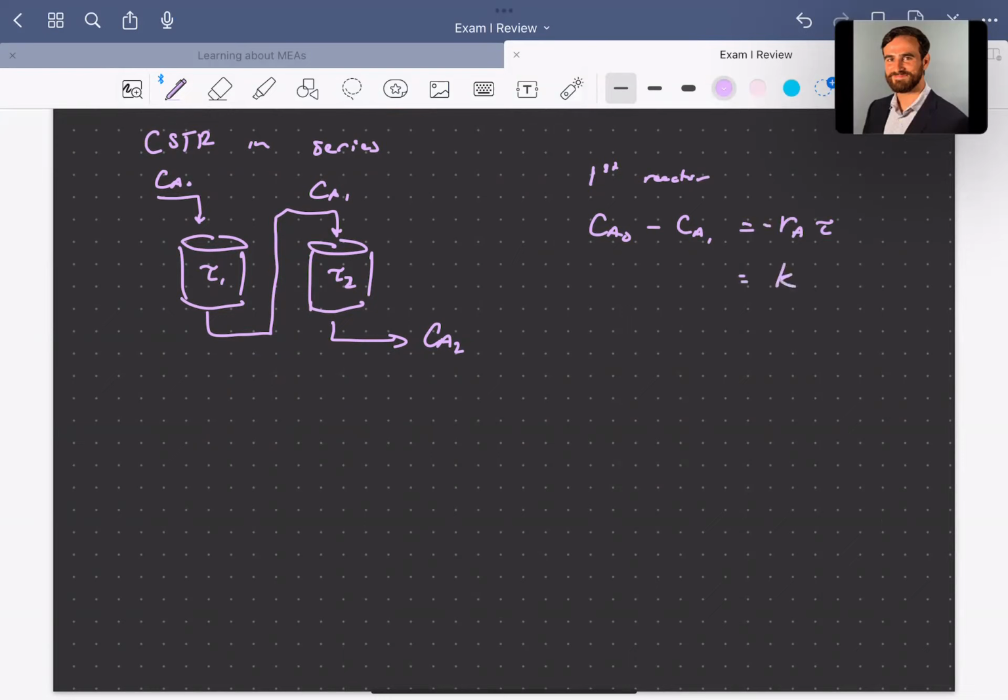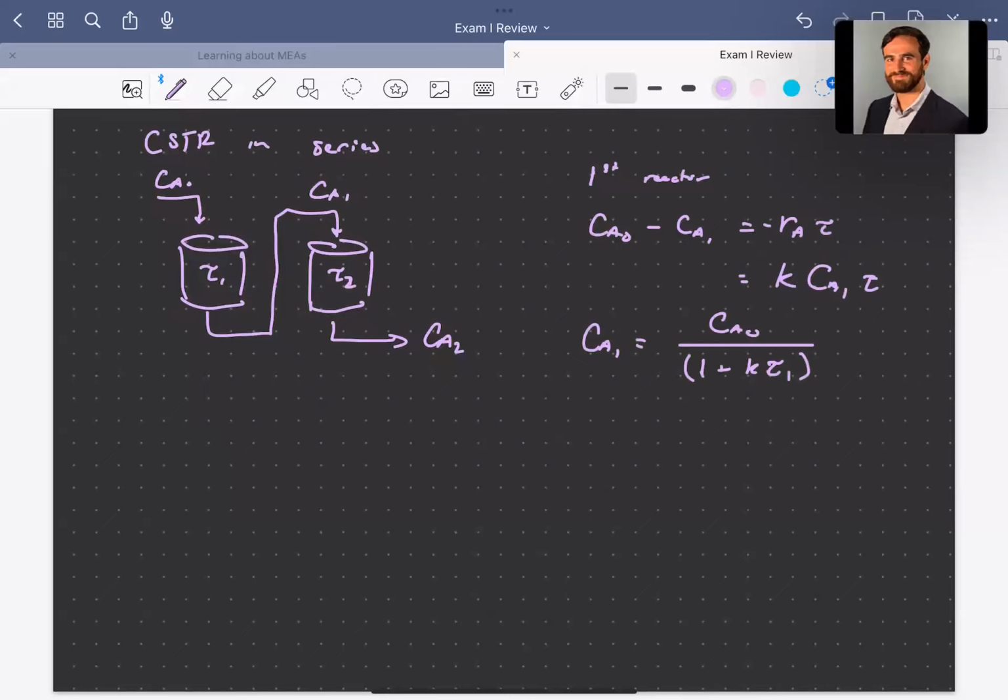Since this is a first order reaction, we can just write it as k times the concentration of A in the first reactor, which is equal to the concentration in the outlet of the first reactor, Ca1, times tau. Okay, so we can solve this for Ca1 as a function of Ca0, k, and tau. We do this, and it comes out to the concentration of A leaving the first reactor is equal to the inlet concentration divided by 1 plus k times tau1.